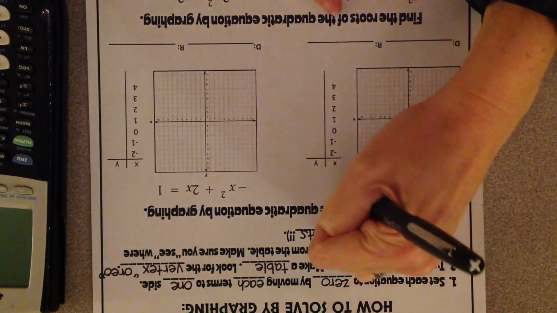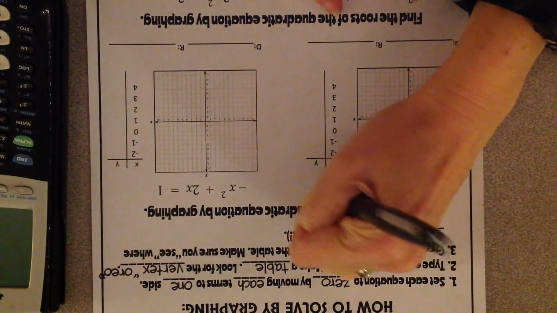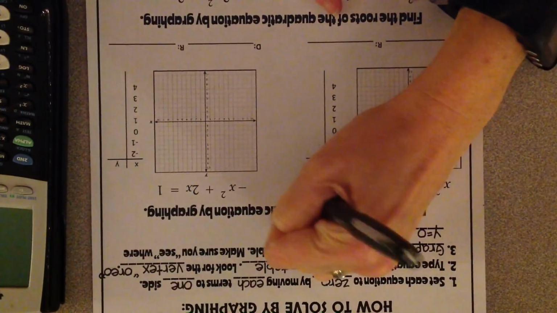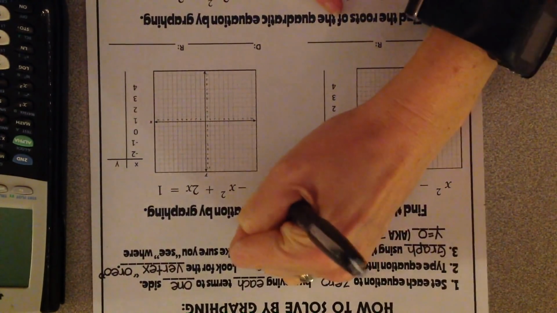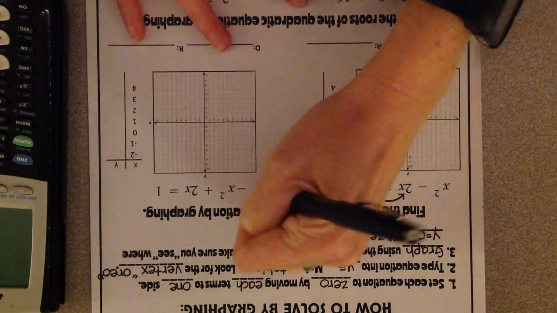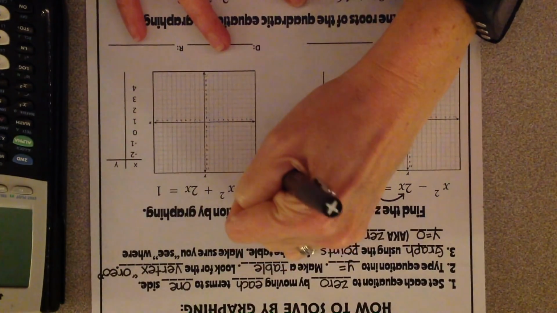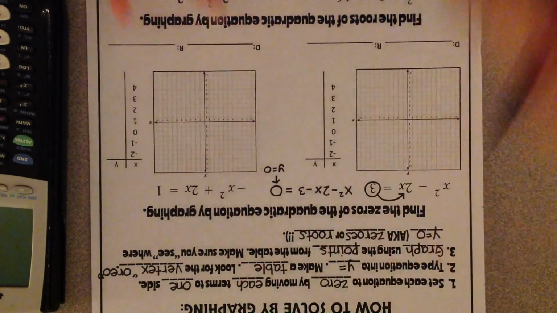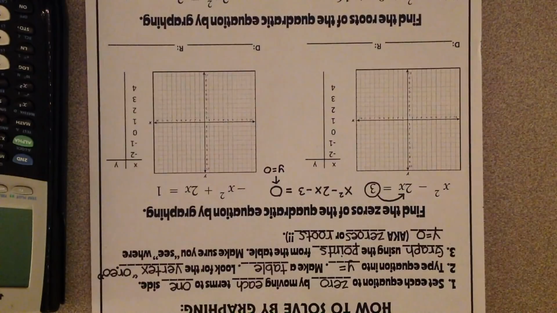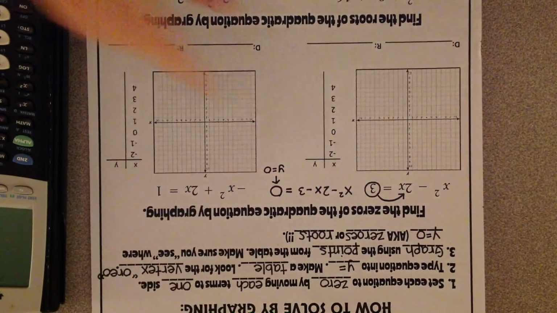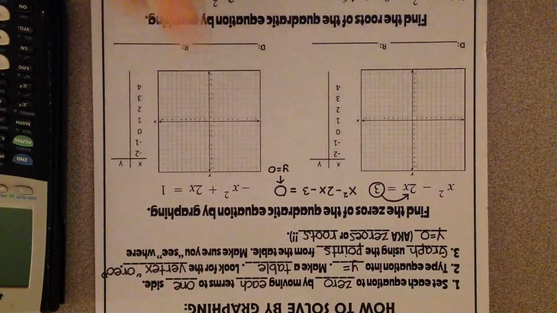So my equation is now going to be x squared minus 2x minus 3 equals 0. And remember, that 0 is me replacing y with 0. So it's really equal to y, but because I'm trying to find my x-intercepts, y has to have a value of 0 when we're looking for x-intercepts.